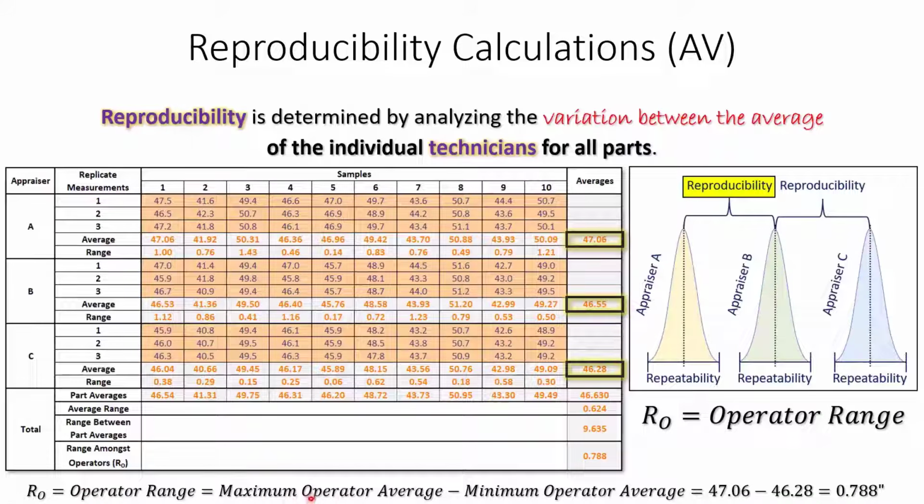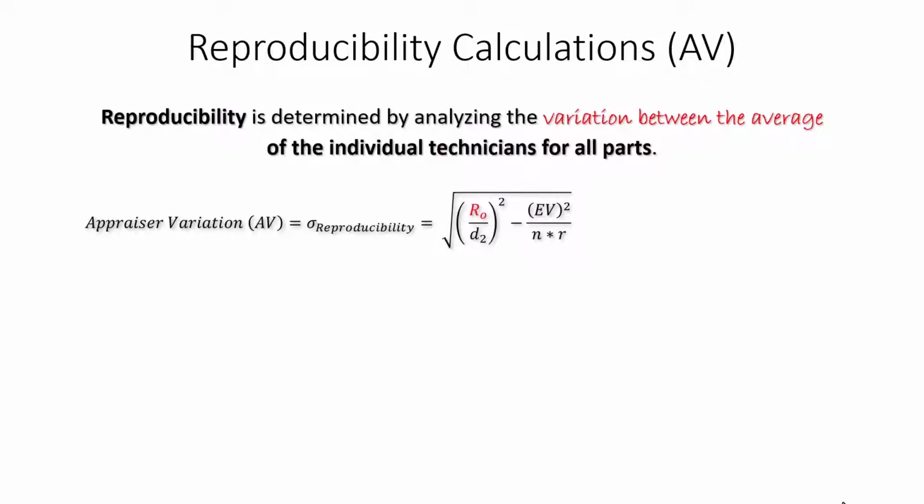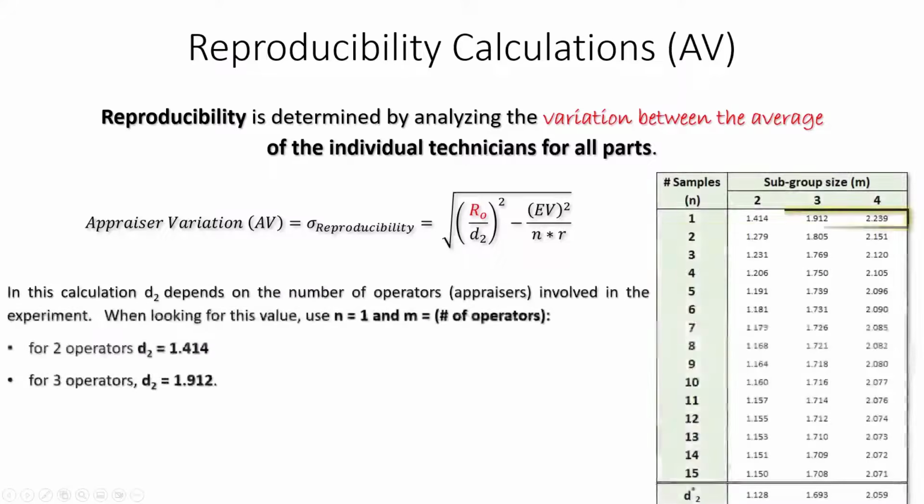We find the maximum operator average, 47.06, operator A, minus the minimum operator average, 46.28, that was appraiser C, and what we find is that the range between operators is 0.788. Now again, we have to translate that into a measure of standard deviation. Here's the equation. I've literally never seen this equation come up on any sort of ASQ exam, so I'm going to go through this pretty quickly. When you are making this calculation, the way you look up your D2 factor changes.